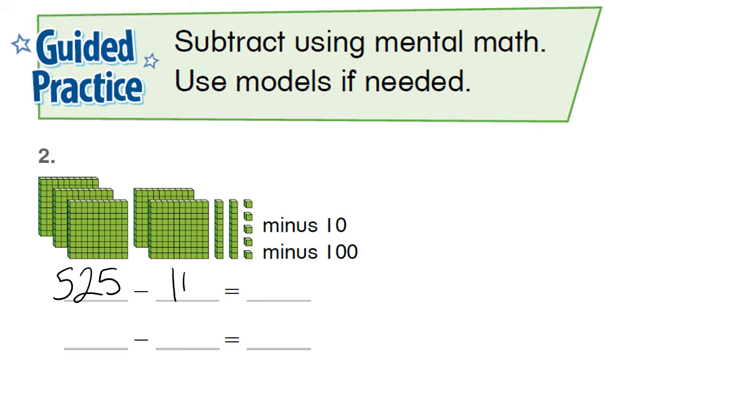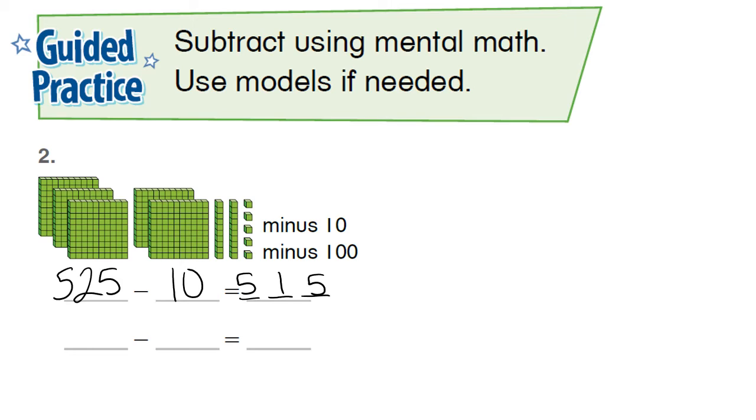If we subtract 10 from 525, we're going to be keeping the other place values the same. So if I have 3 blank place values here, the hundreds place value will stay the same, the ones place value will stay the same, and the tens place value will go down by 1. So 2 minus 1 is 1.